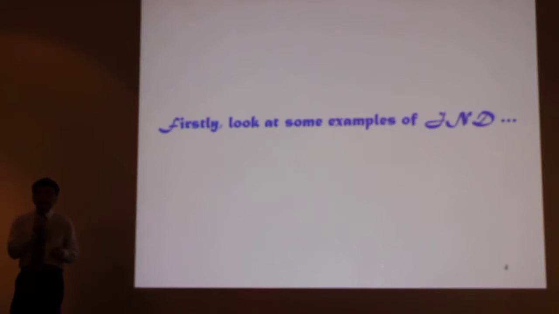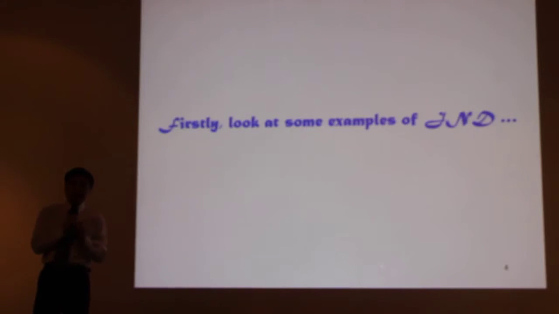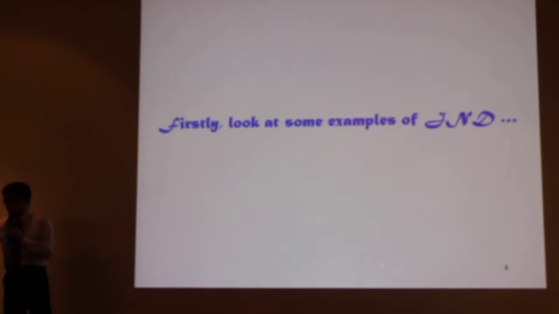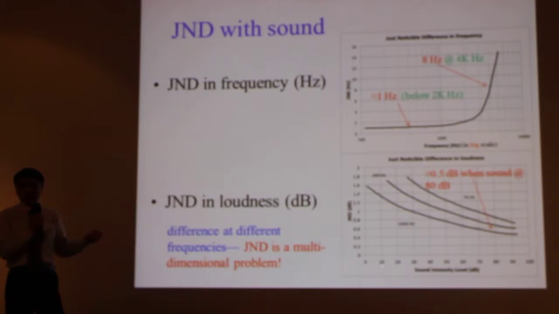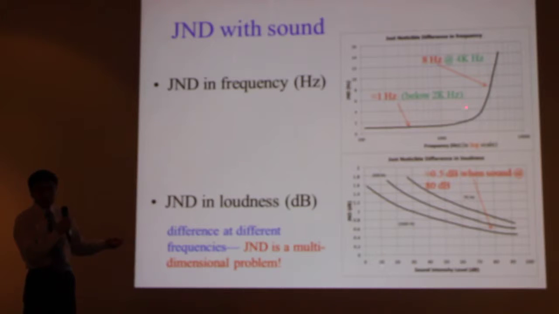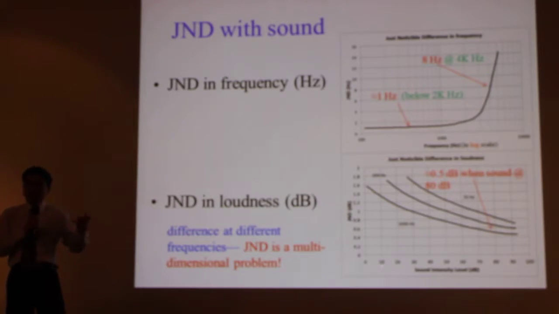Firstly, I give you some examples for JND. We start with sound. We all know if the frequency changes, we can hear that. So what is the JND for sound? Below 2K hertz, the JND is constantly 1 hertz. So probably this is why we define hertz as the unit of frequency.